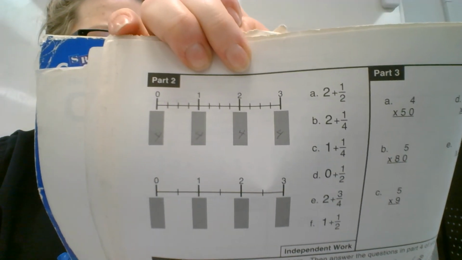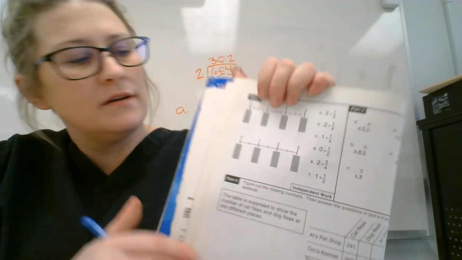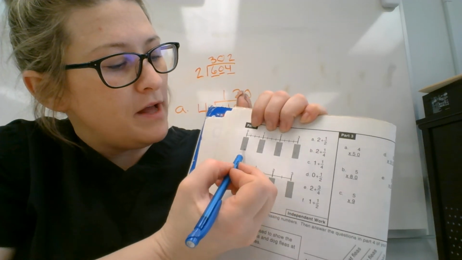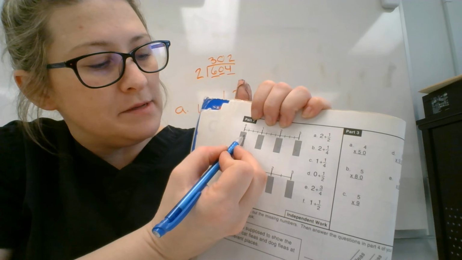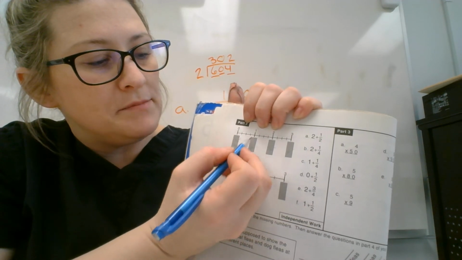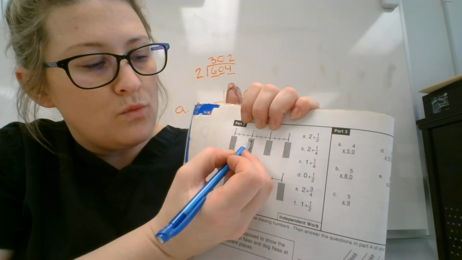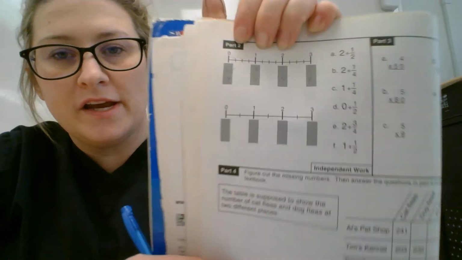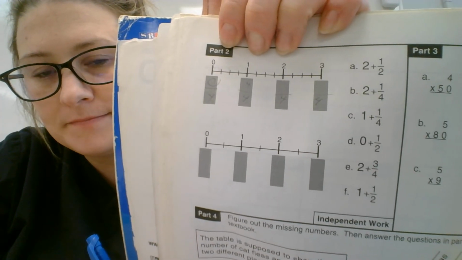Okay, you guys know how to figure out the top number. You multiply the 4 times the top number. 4 times 0 is 0. 4 times 1 is 4. Then 4 times 2, 4 times 3, and so on.